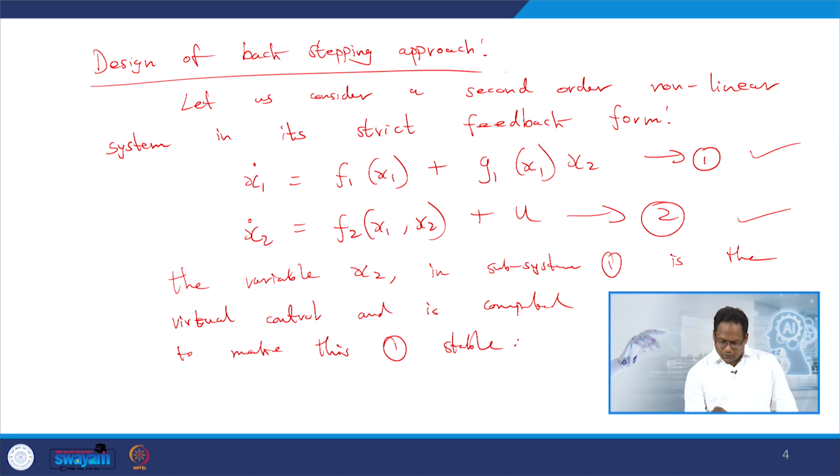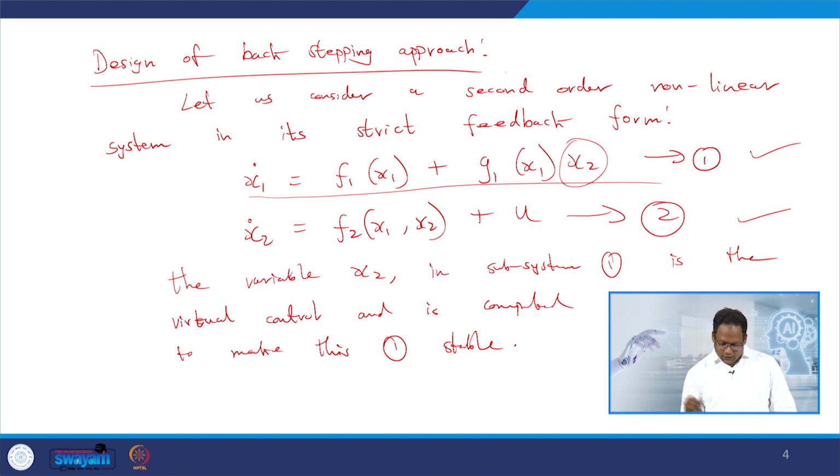So, x1 dot equal to f1 of x1 plus g1 of x1 multiplied by x2 is subsystem 1, in which x2 is the virtual control that will make this first subsystem stable.